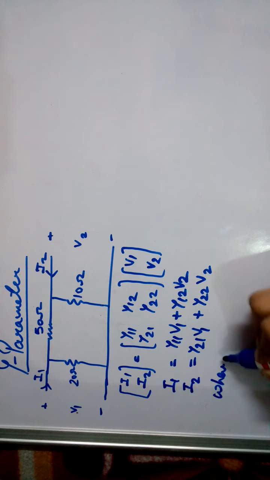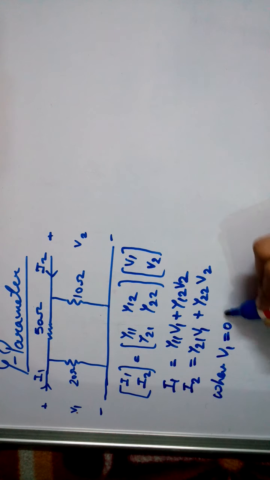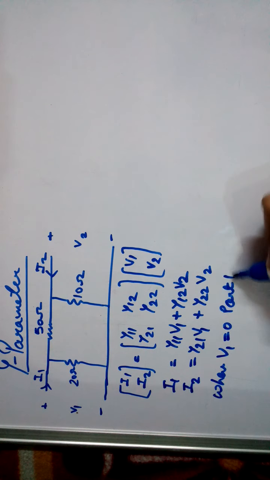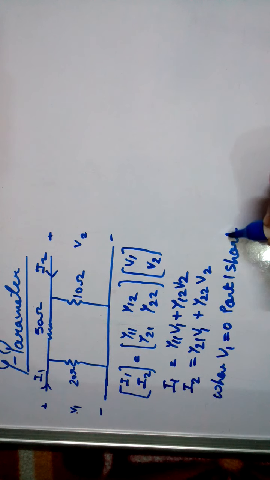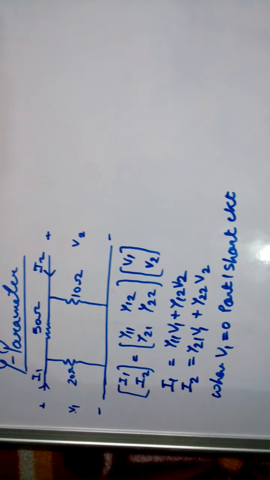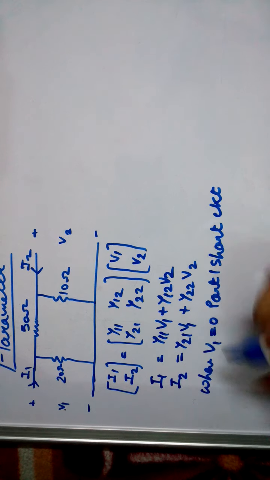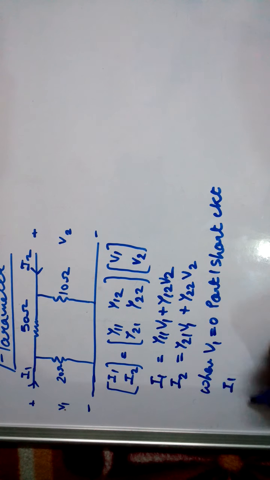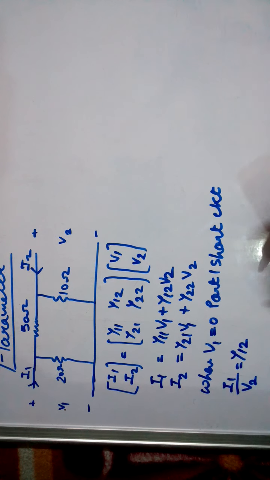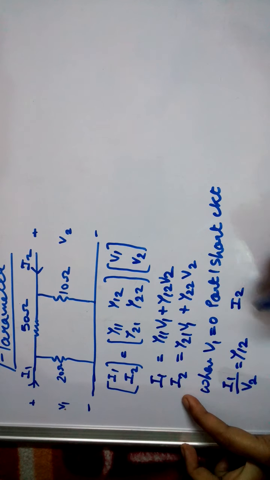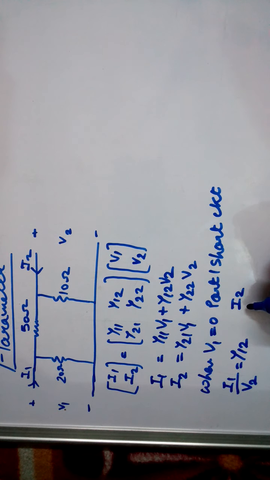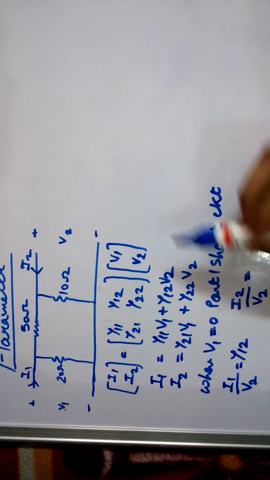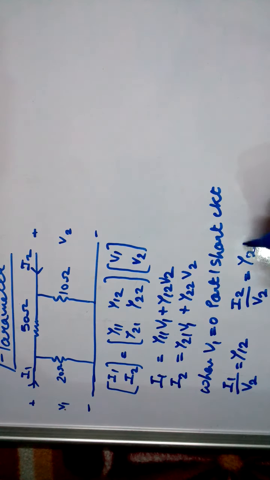When port 1 is short circuit, V1 is 0, it means I1 upon V2 equals Y12 and I2 upon V2 equals Y21.